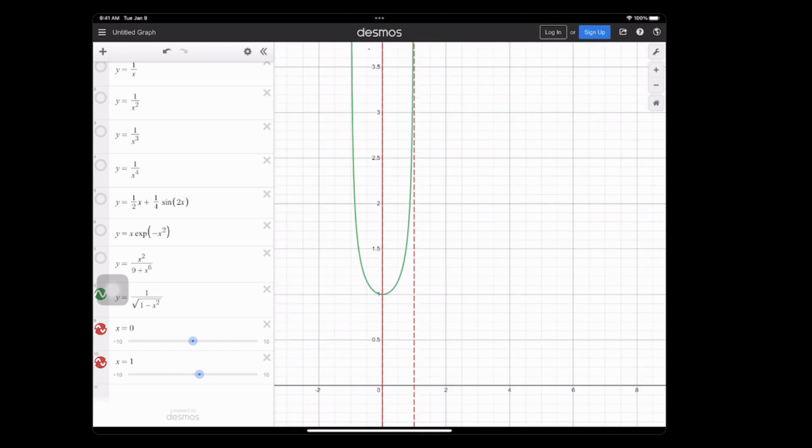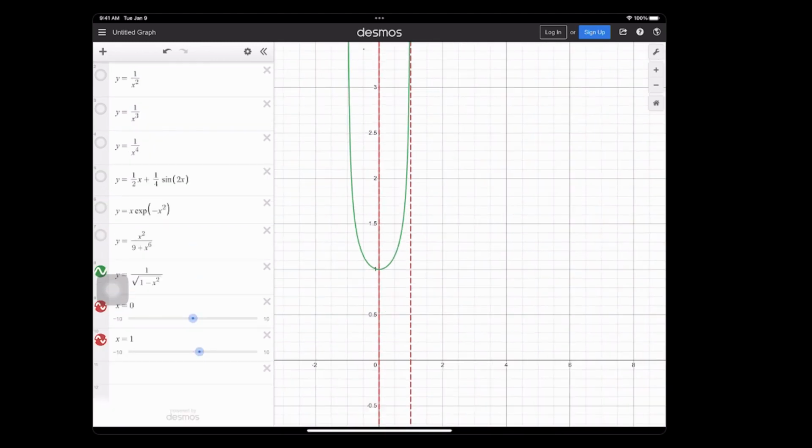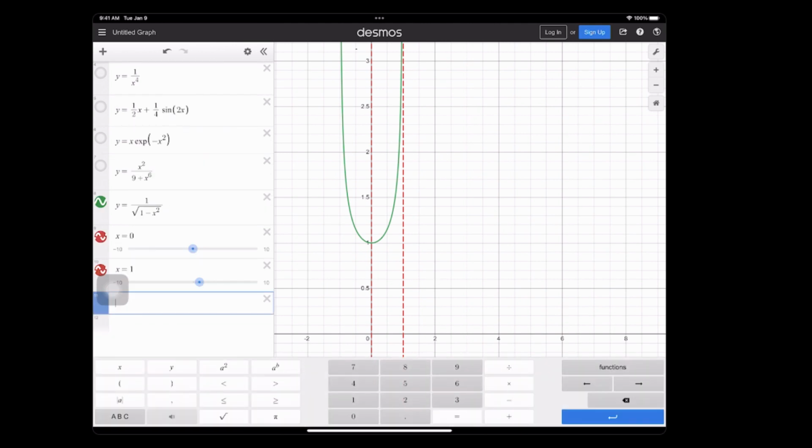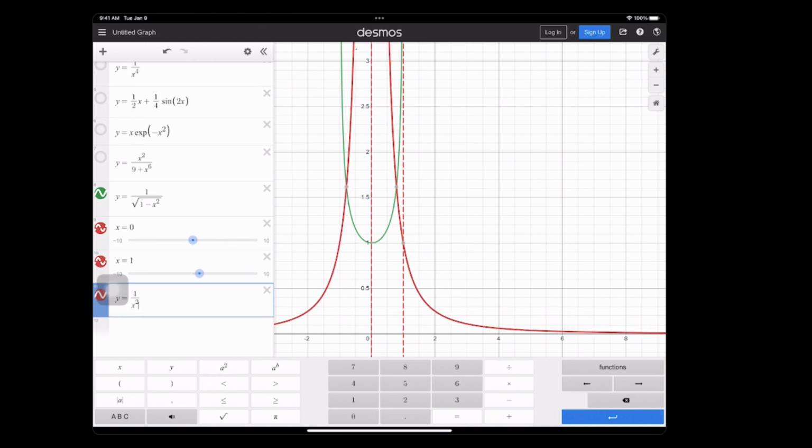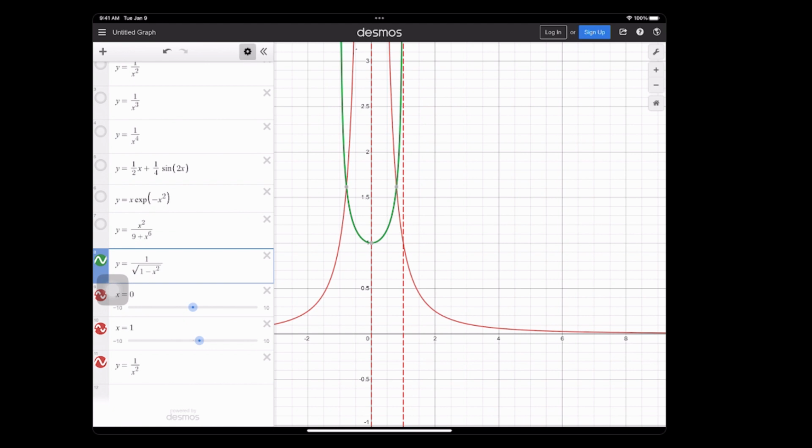If you ask, what about the other situation you gave us, the first example? Y is 1 divided by x to the second power.